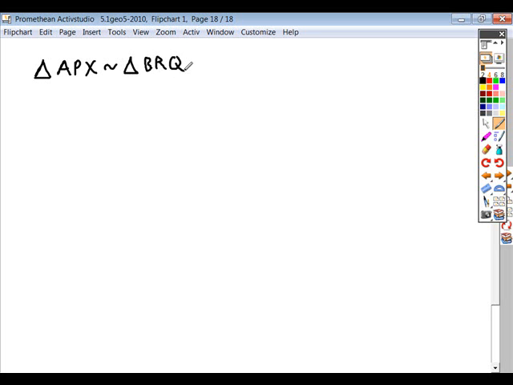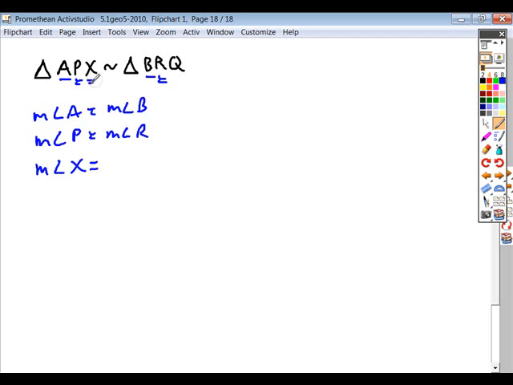Okay, if I start with this as my similarity statement, then again I can identify all the corresponding pieces of information. The angles that are aligned together are equal. So if I look at the three angles in my first triangle, A, P, and X, A corresponds to B, P corresponds to R, and X corresponds to Q. Okay, so that holds true.